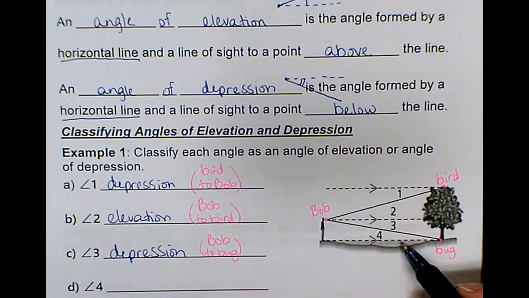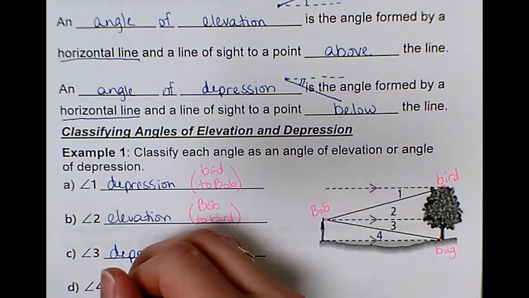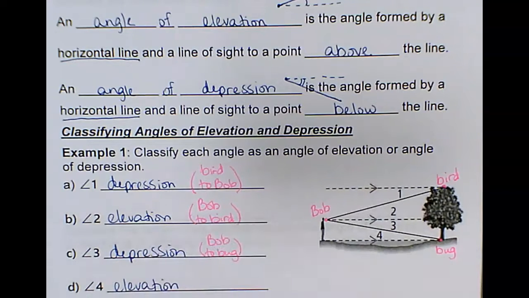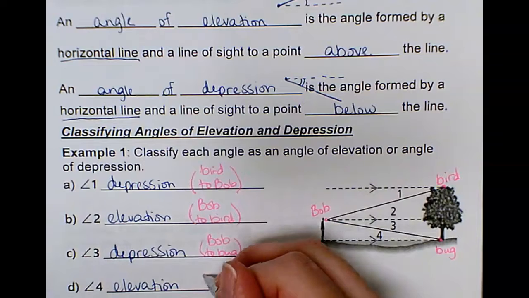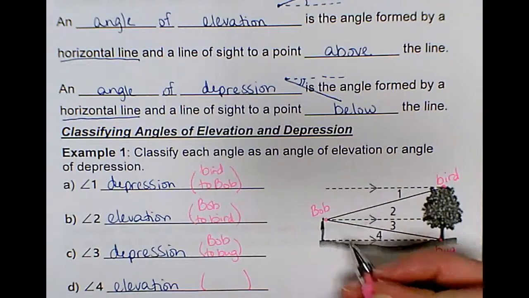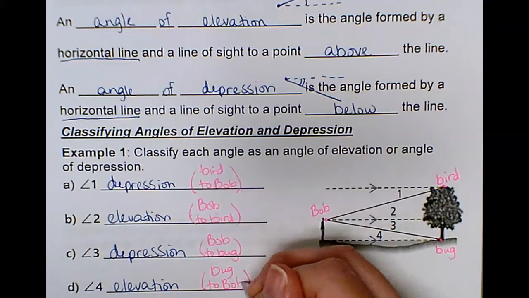This is an angle of elevation because we have this horizontal line and then this line above. Look at the vertex: whose line of sight is it? It's the bug's line of sight, and the bug is looking to Bob. So bug to Bob.